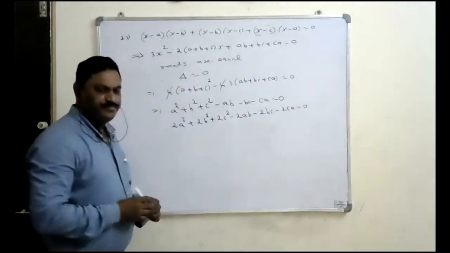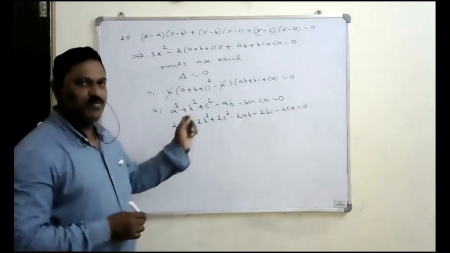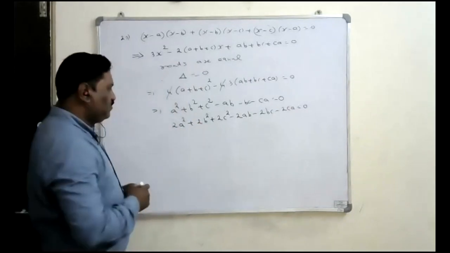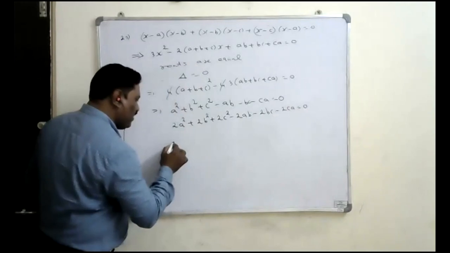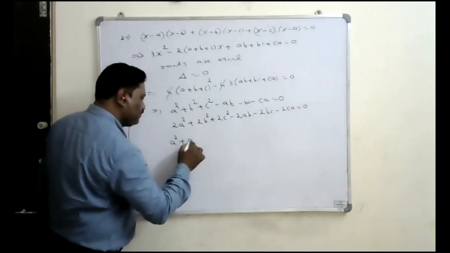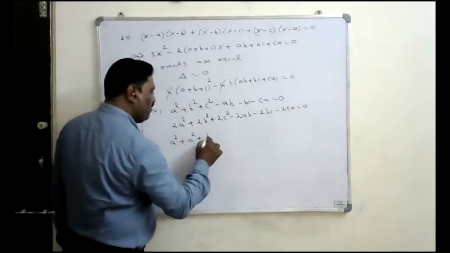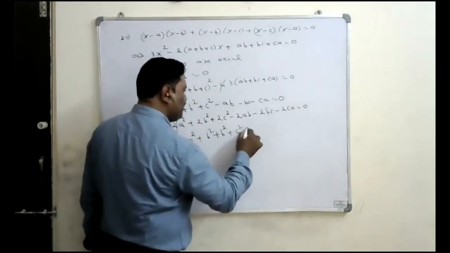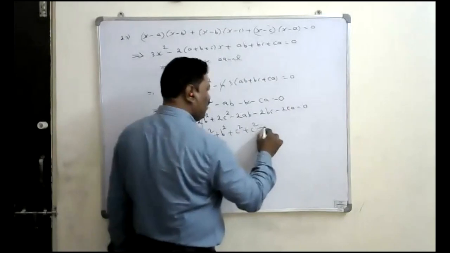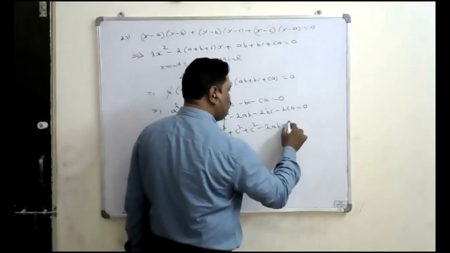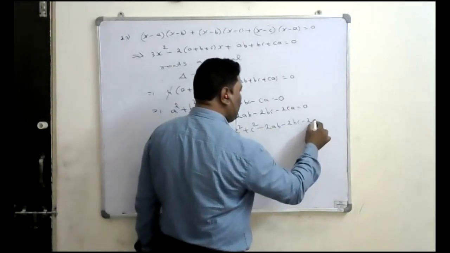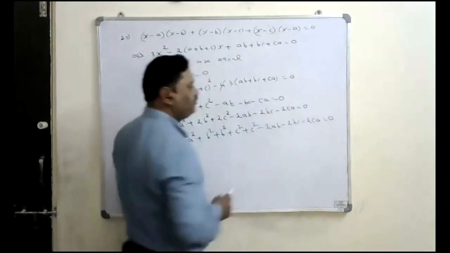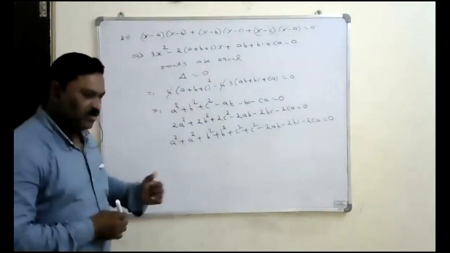I will multiply by 2 on both the sides. Then this 2A square I will write as A square plus A square, 2B square as B square plus B square, 2C square as C square plus C square, minus 2AB minus 2BC minus 2CA is equal to 0. Okay, like that I will write every term.